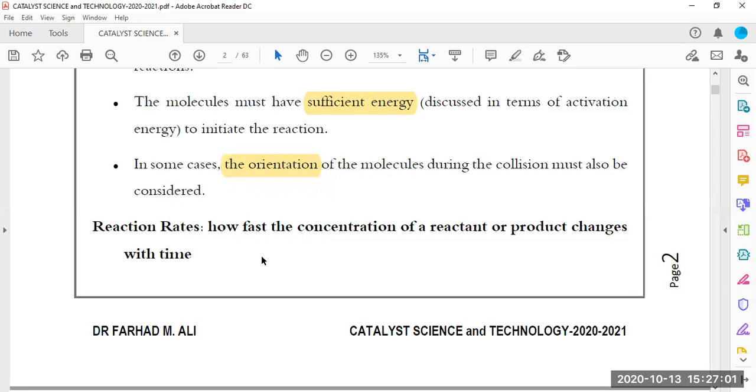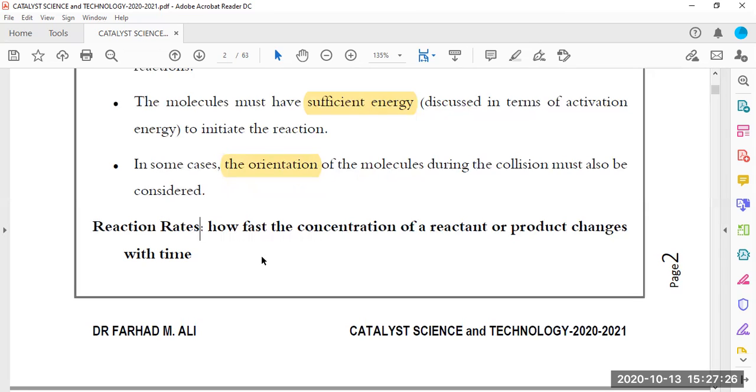And why are we saying time? Because we're saying rate, and rate means speed. Speed means you should have a time to measure. When you say the speed of a car is 60 kilometers per hour, you mean within 1 hour it travels 60 kilometers.